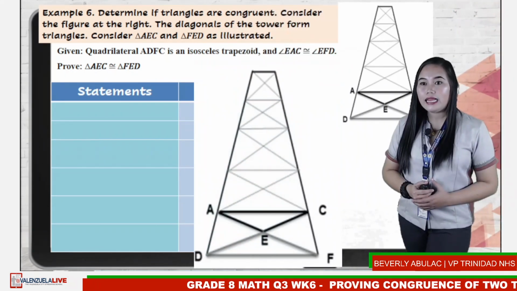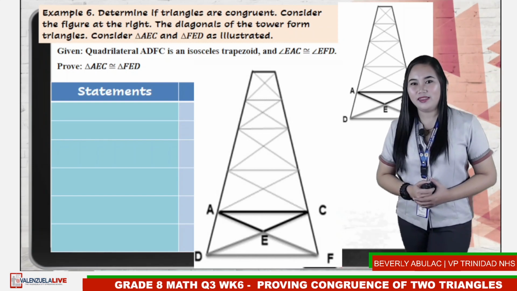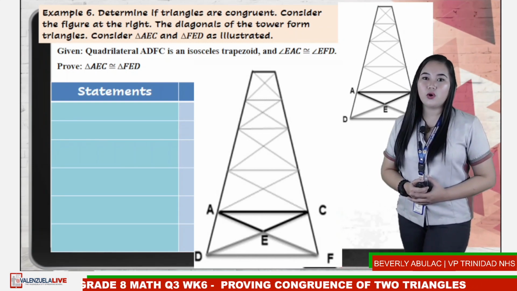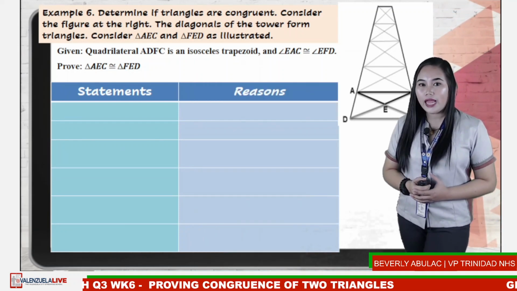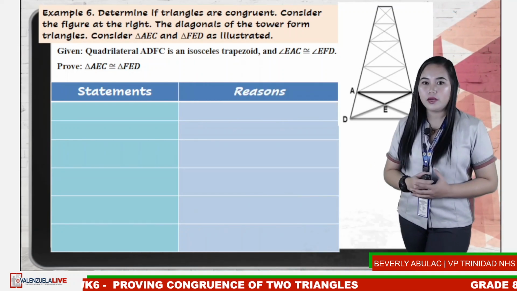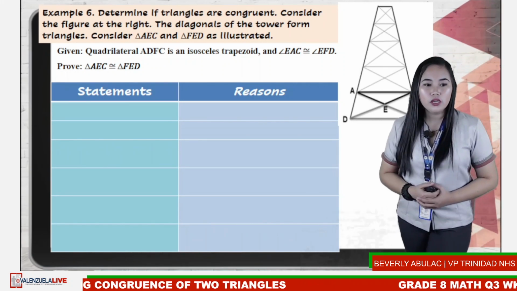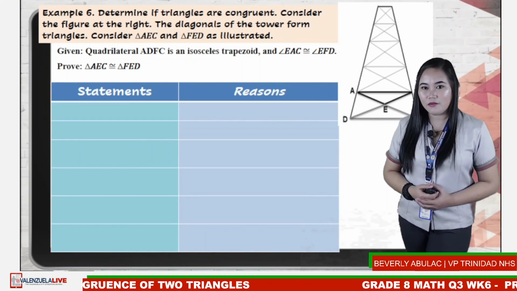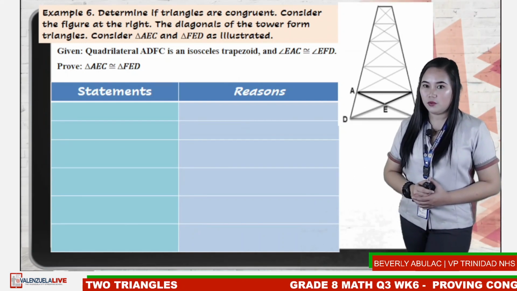Given the quadrilateral ADFC is an isosceles trapezoid, and angle EAC is congruent to angle EFD. Prove that triangle AEC is congruent to triangle FED. Step 2, you have to identify the congruence theorem to be used and the additional information needed and why.